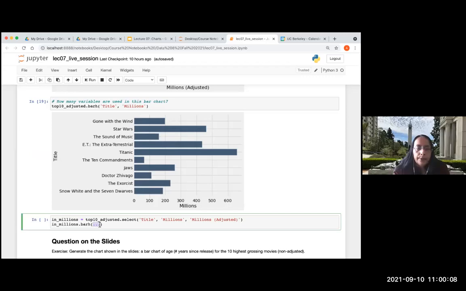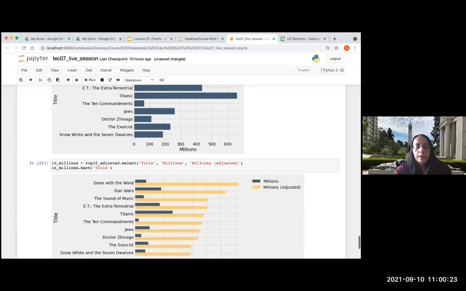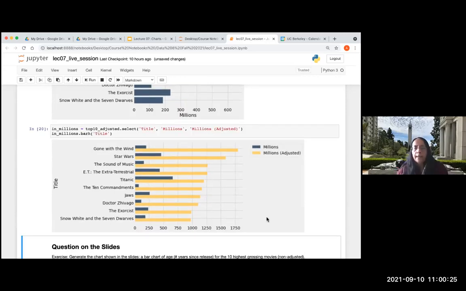And I am going to use my bar chart call, but only with the categorical variable label. And look what I get. I get an overlaid bar chart. So you see both. Okay, we're about to be kicked off, but you see both variables.